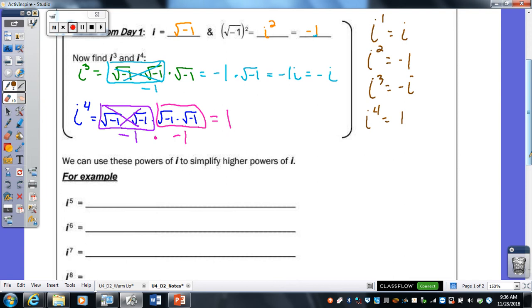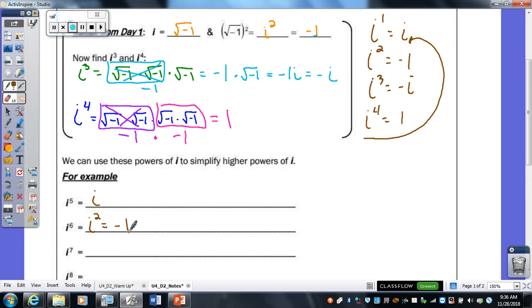So then therefore I to the fifth takes the place after 4, so it goes back up to the beginning. So I to the fifth is the same as I to the first, so it would just be an I. And then I to the sixth is the same as I squared, so that's going to be a -1.